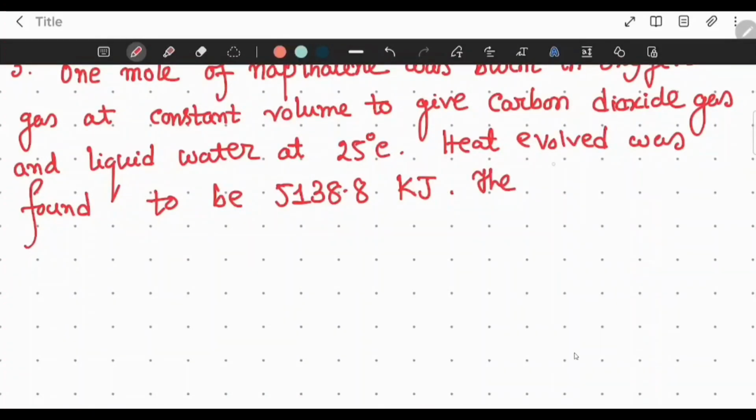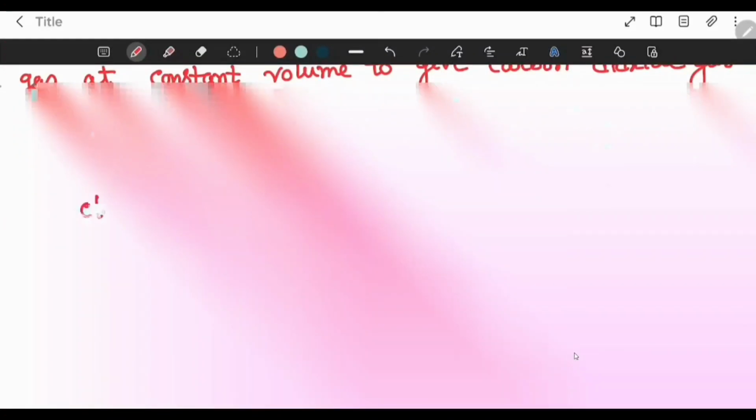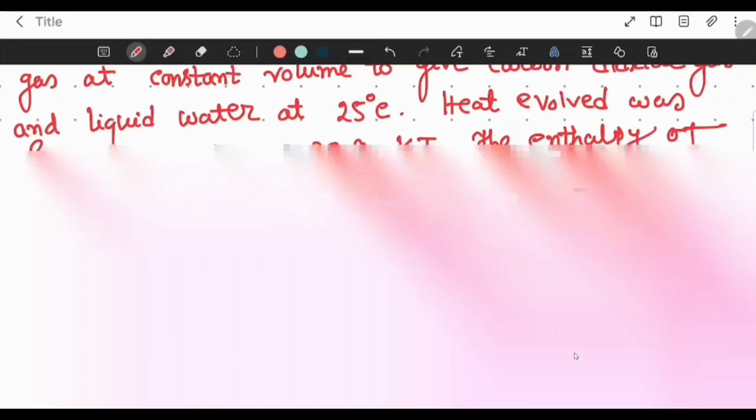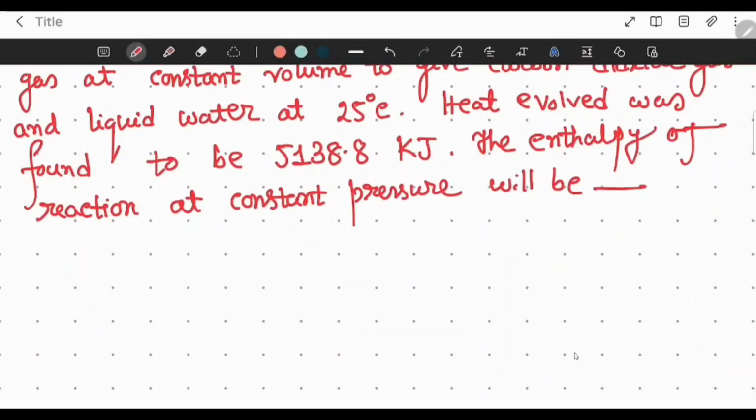The enthalpy of reaction at constant pressure will be, so we have to find the enthalpy of the reaction, meaning the enthalpy change.